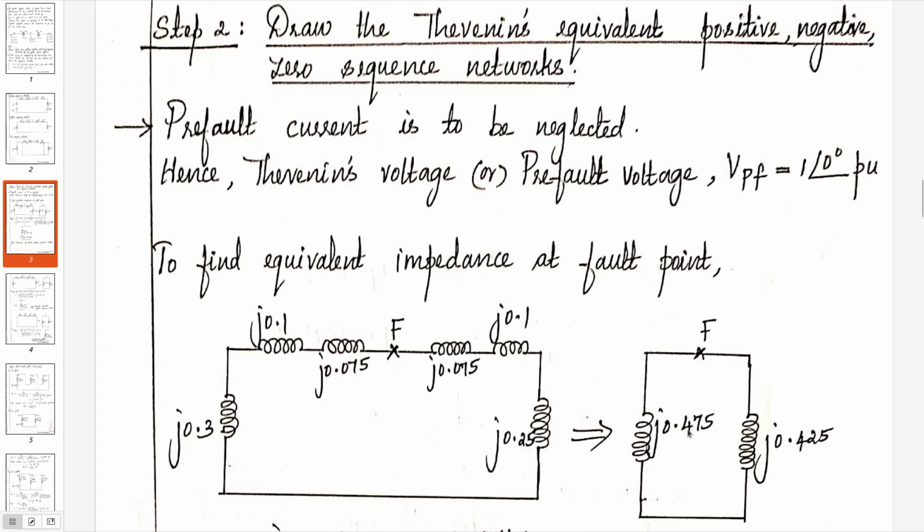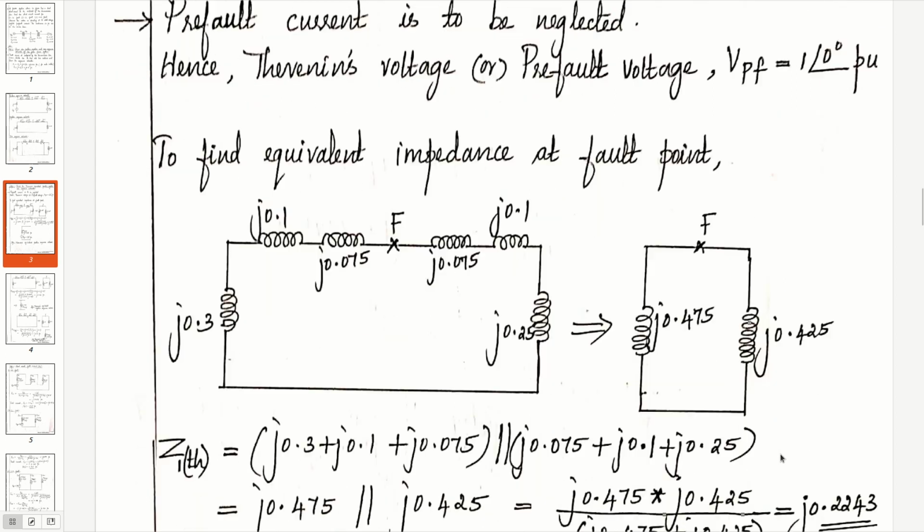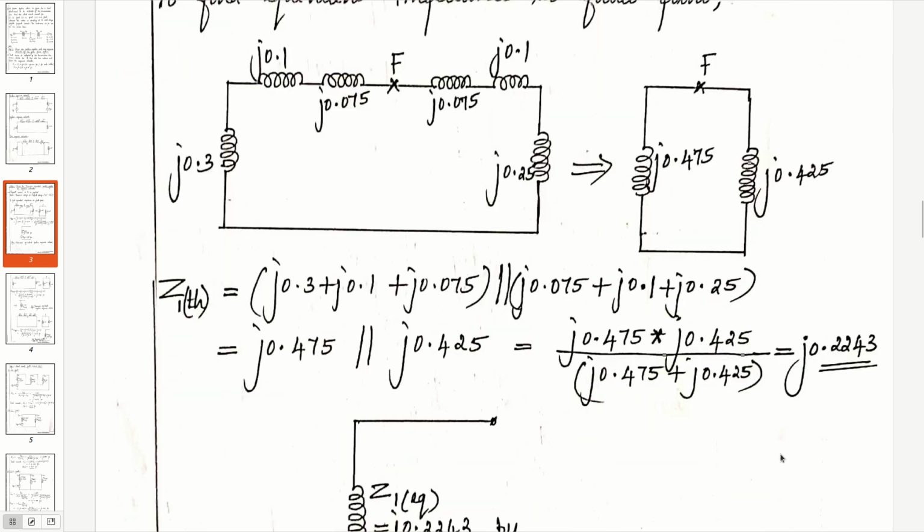The equivalent reactance at the fault point is the parallel combination of j0.475 and j0.425. When you calculate, you will get the Thevenin's equivalent positive sequence impedance as j0.2243.